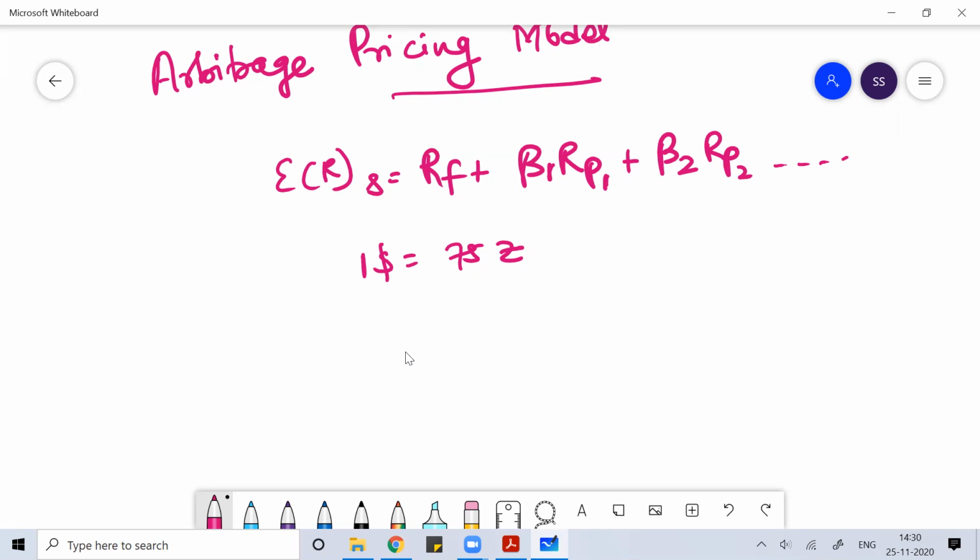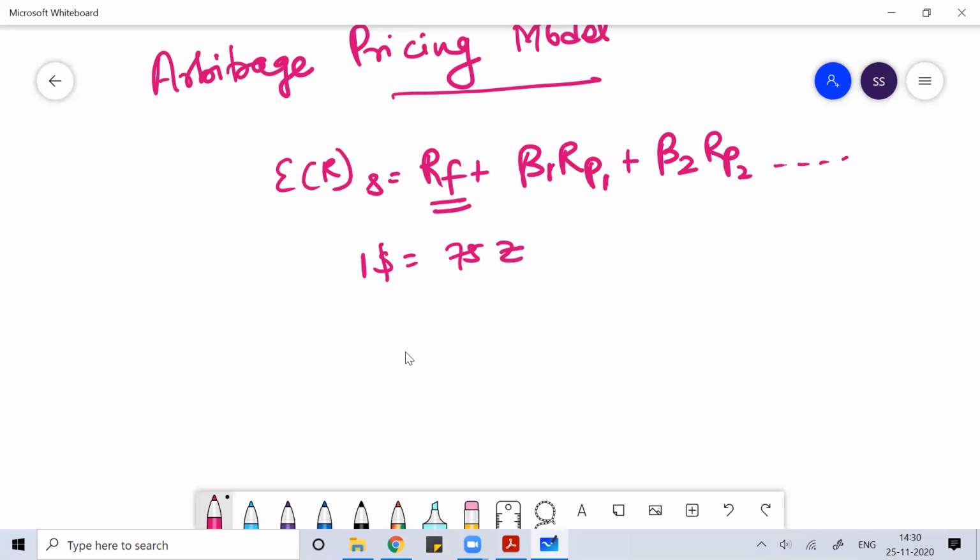So here, we know RF, there's no problem with RF. RF is the risk-free rate of return. To identify RF, we simply look at the return that treasury bills or government securities offer. In India everyone can default, but the government of India can never default, so the return offered by the government of India is considered RF.